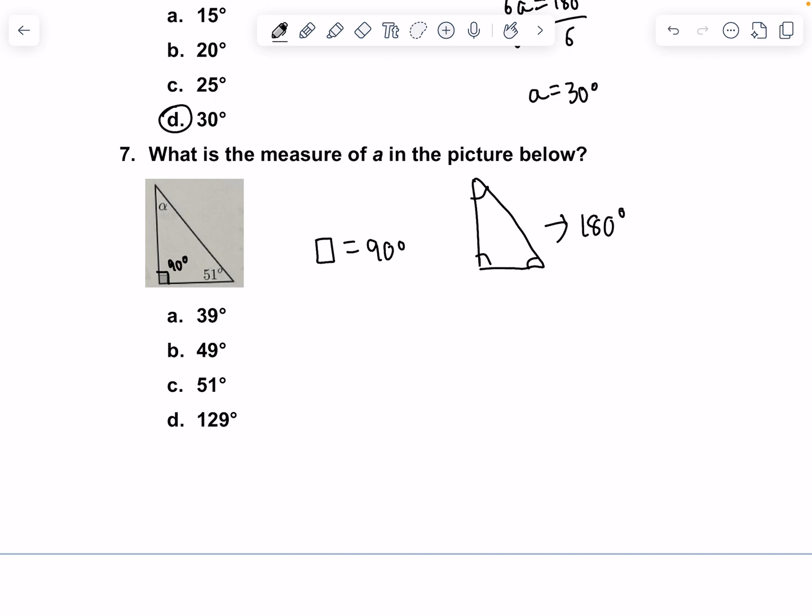So we know 90 plus 51, and we don't know the last one, so let's say that was A. All three must add to 180. So 141 degrees plus A is equal to 180 degrees. We subtract 141 on both sides, which gives us A is equal to 39 degrees. So this missing angle right here would be 39 degrees.